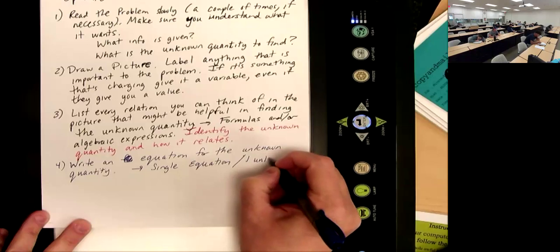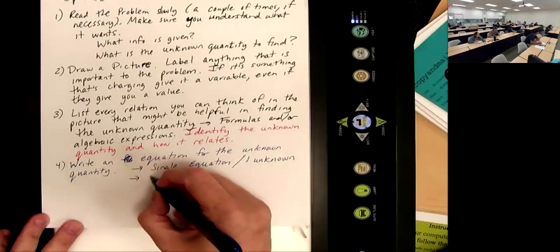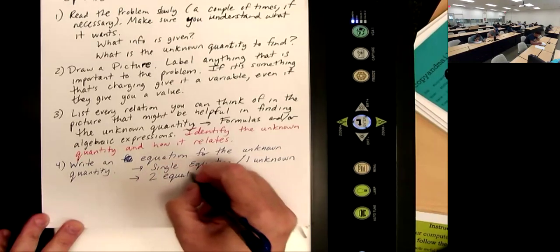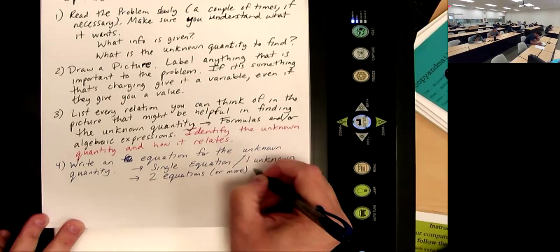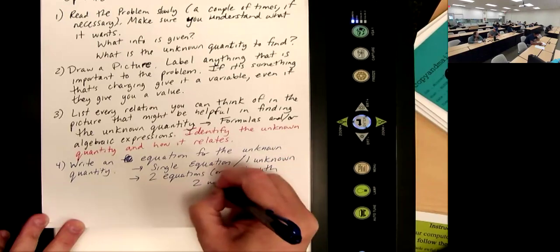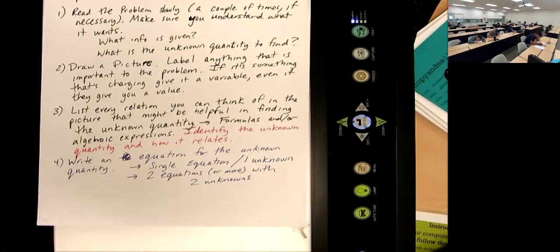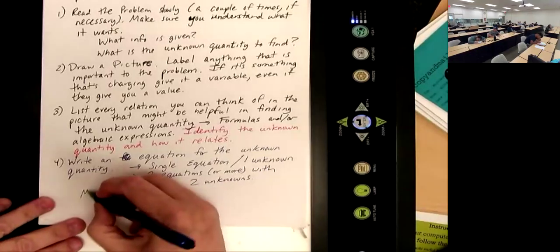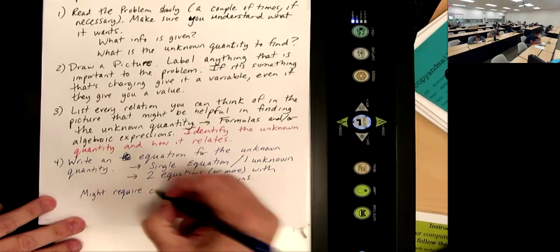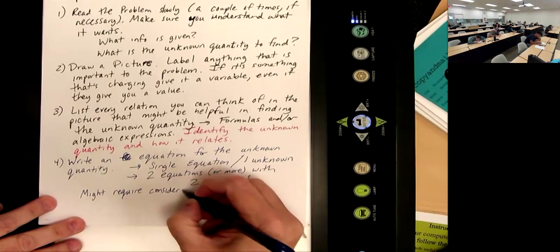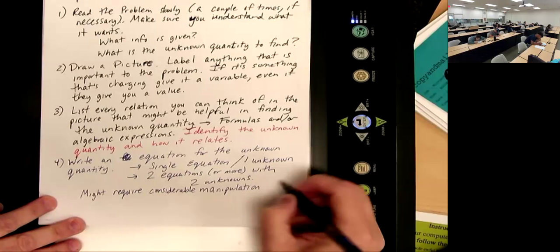That's the ideal, the optimal one, because your one unknown is what you're looking for. But you might end up having two equations or more, but usually two equations with two unknowns. And the description of that step sounds easy, but this might require considerable manipulation algebraically.